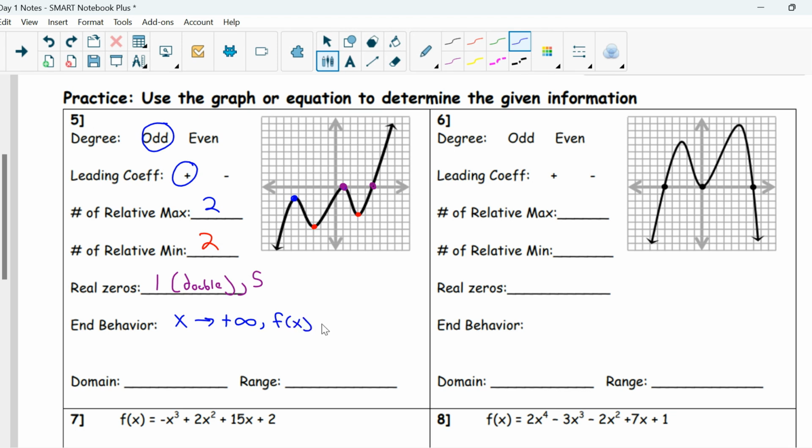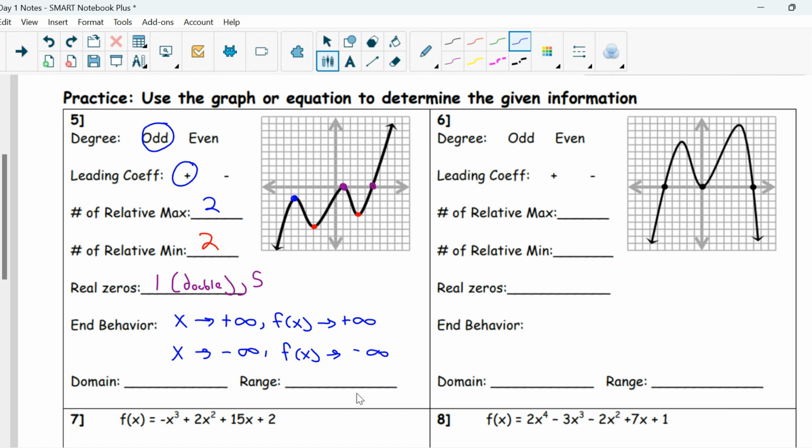As I head the right direction, my y value is heading up. So positive infinity. Next, as x approaches negative infinity, f of x is going to approach. As I head to the left, my y value heads in the negative direction. So negative infinity.